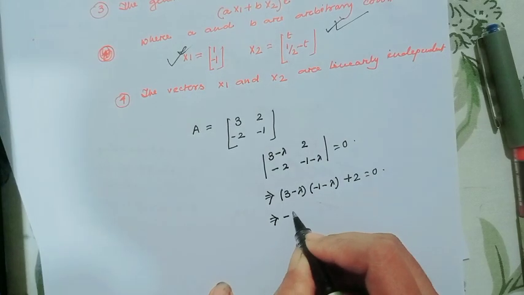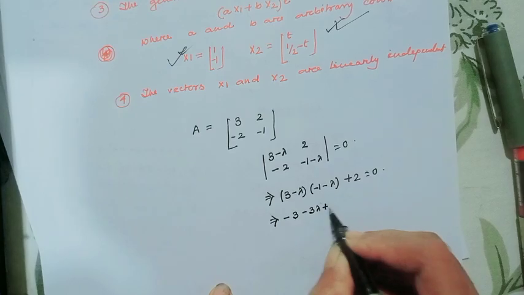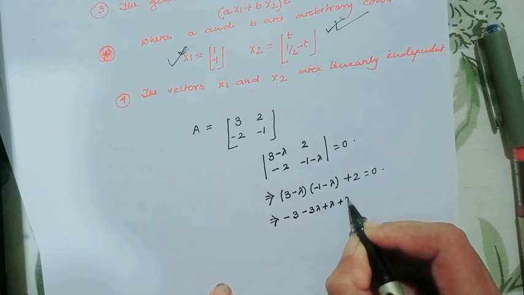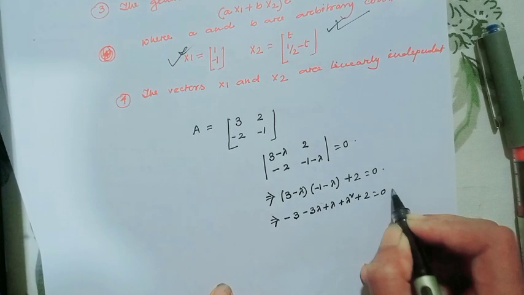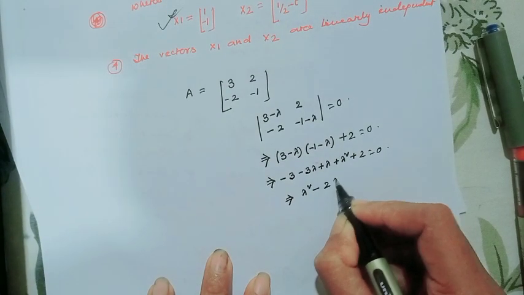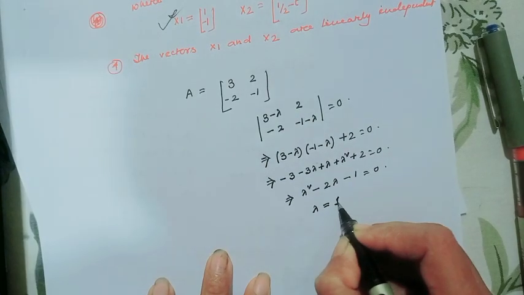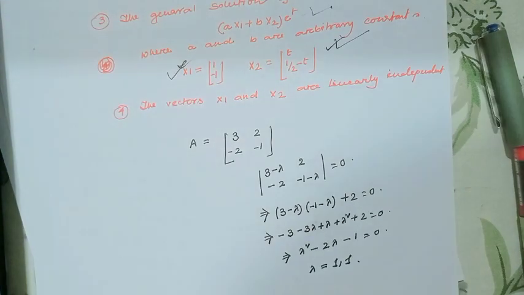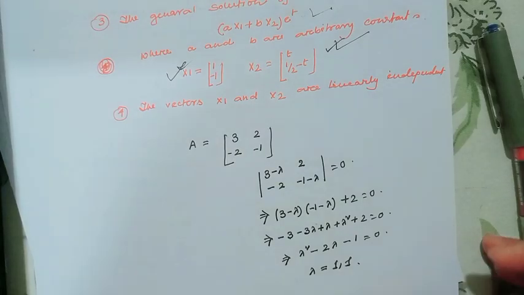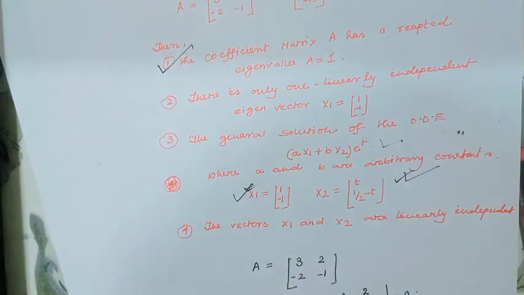That implies minus 3 lambda plus lambda square plus 2 equal to 0, that implies lambda square minus 2 lambda minus 1 equal to 0, that implies lambda equal to 1 and 1, this repeated root. We all know how the solution looks when there is a repeated root. That means the coefficient matrix A has a repeated root.